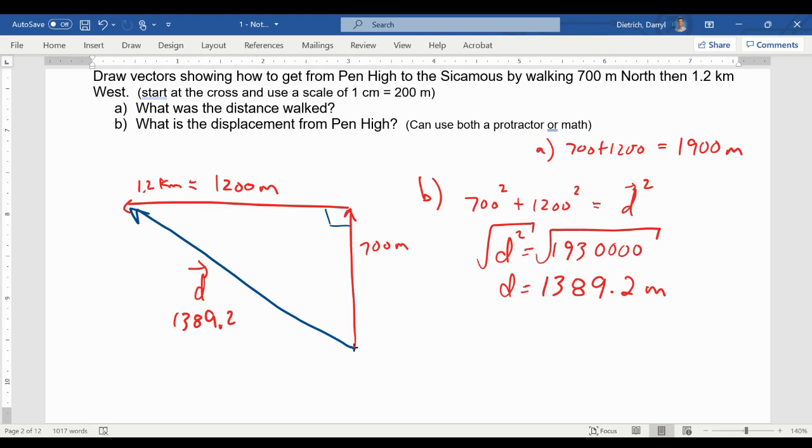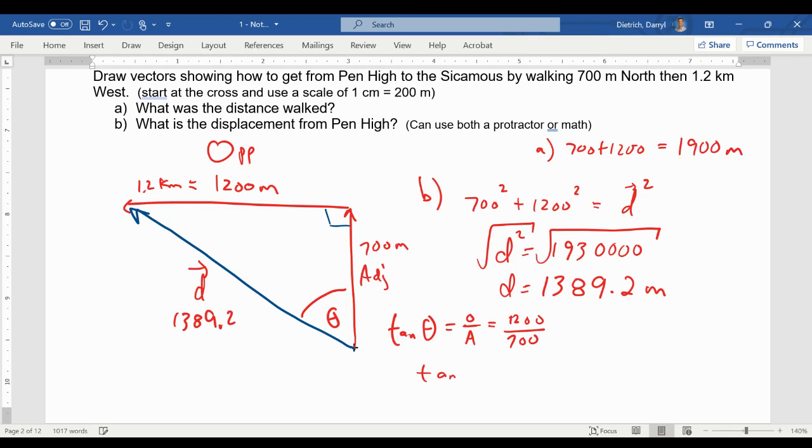Next, if we want to find the angle that our displacement vector is pointing, we are going to use a tangent ratio for that. From trigonometry, we know that the tangent of an angle is equal to the opposite over the adjacent. In our case, the opposite side to theta is 1200, and the adjacent side is the 700. Adjacent just means beside.